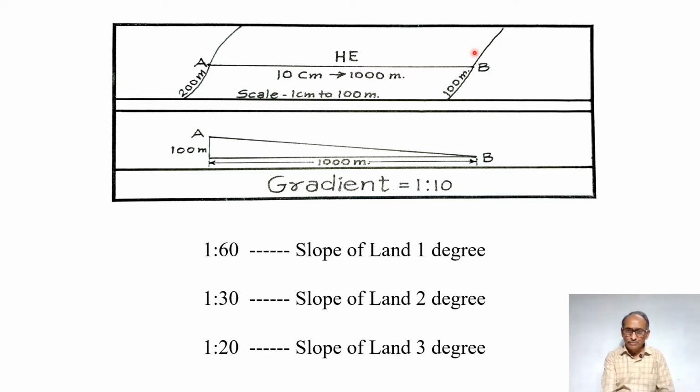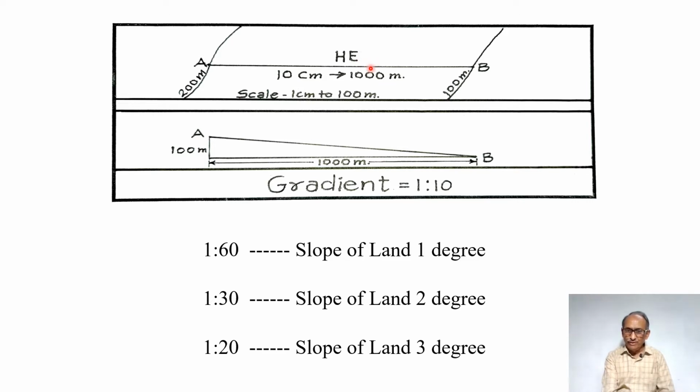The distance between these two points is 10 centimeters. Now our scale is 1 centimeter to 100 meters. So for 10 centimeters, this distance becomes 1000 meters, and this is called the HE.